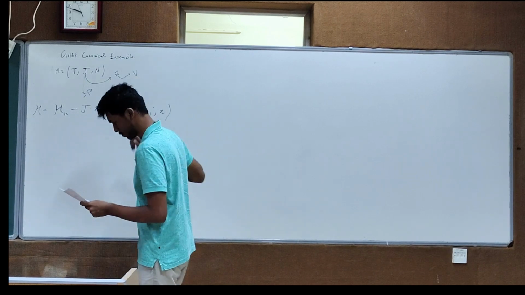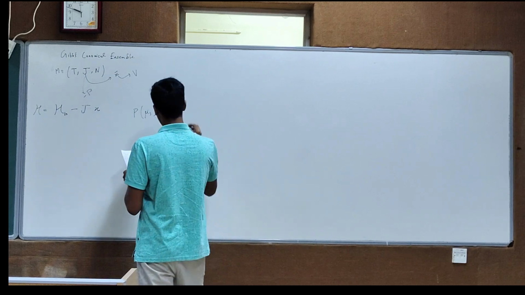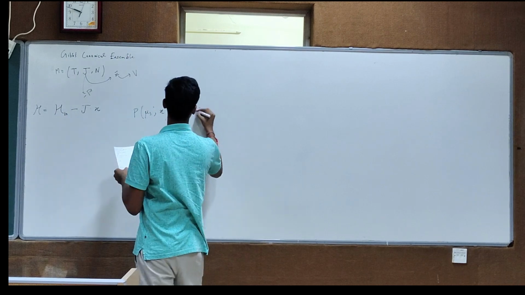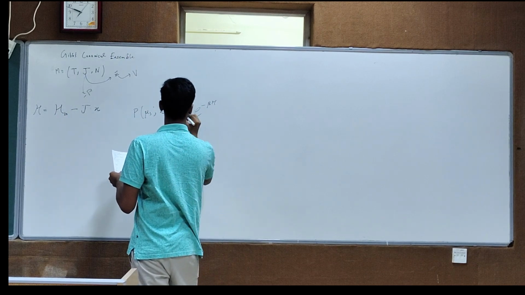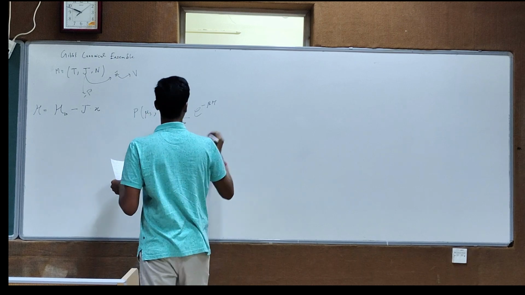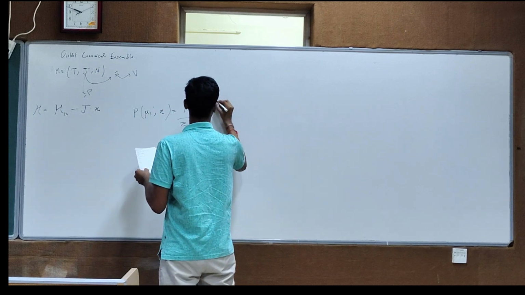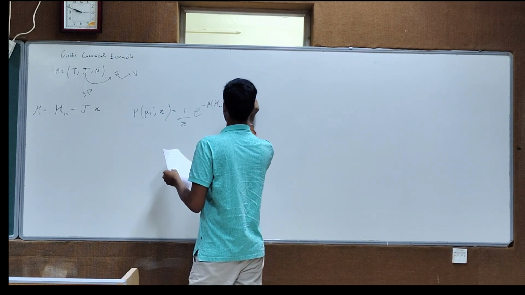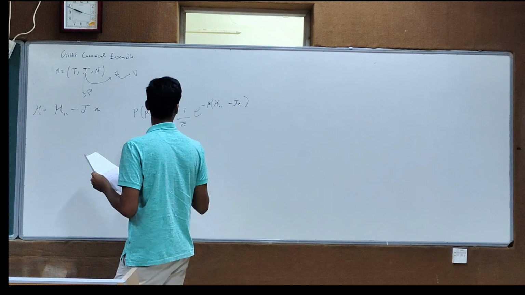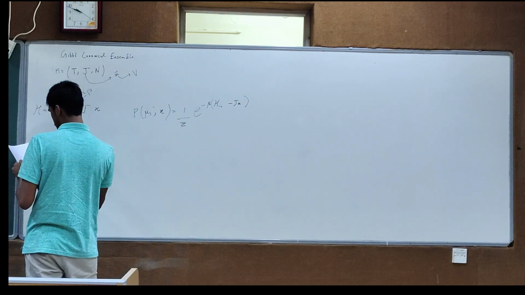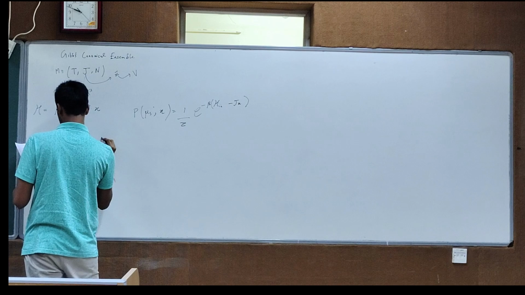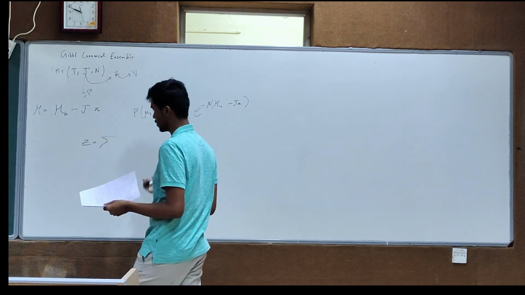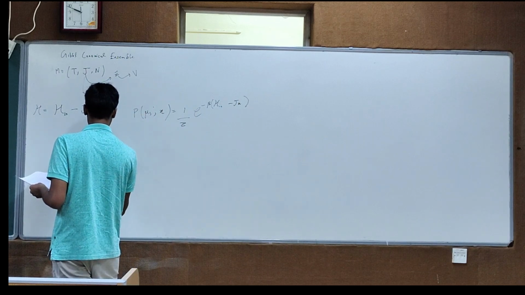This is the Hamiltonian without the force. So this would just be e to the power minus beta H divided by the new Z, and this H is basically H internal minus J X. Here mu s is the microstate and X is the internal variable.